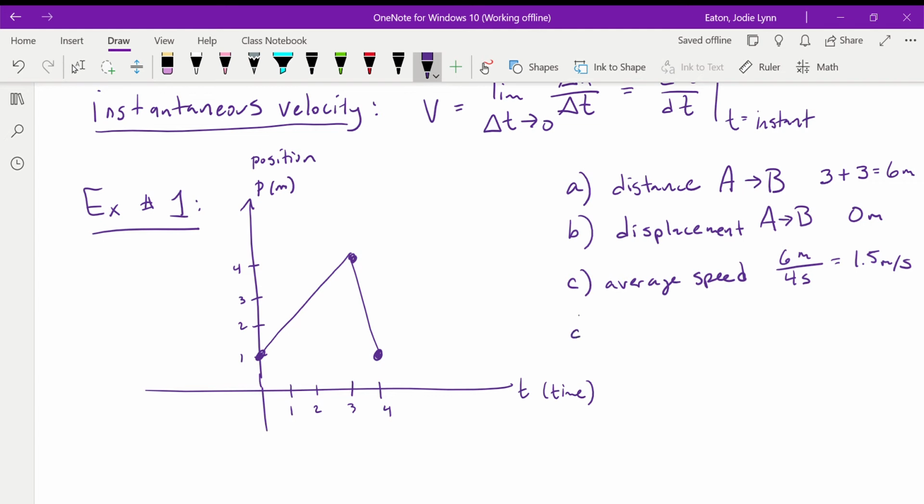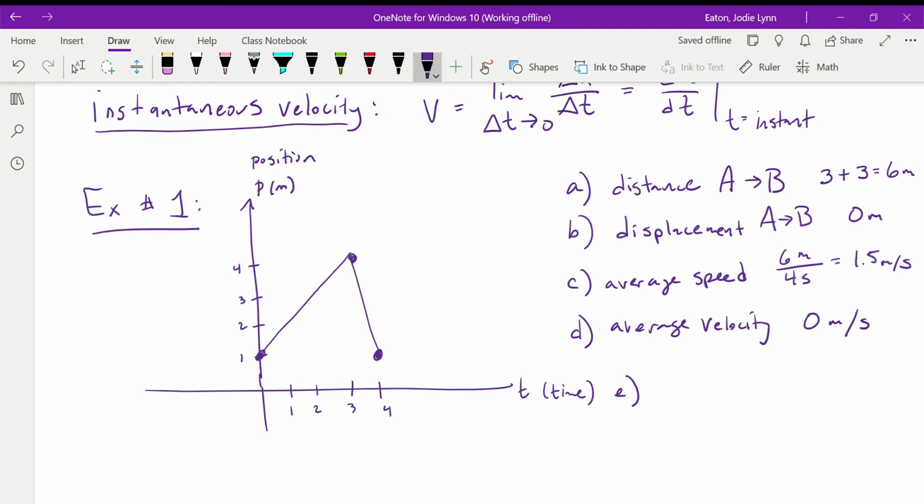Our average velocity from A to B is 0 meters per second, because we didn't move. It's our total displacement over our total time.